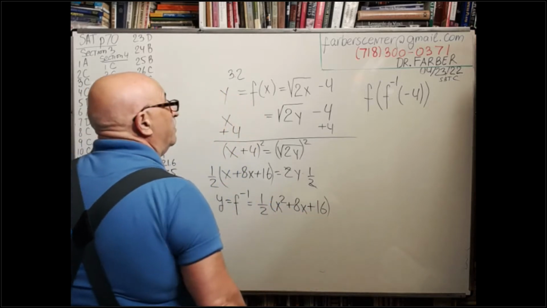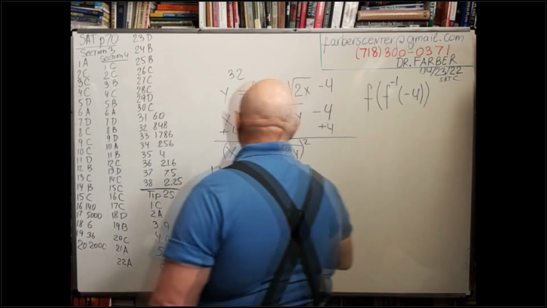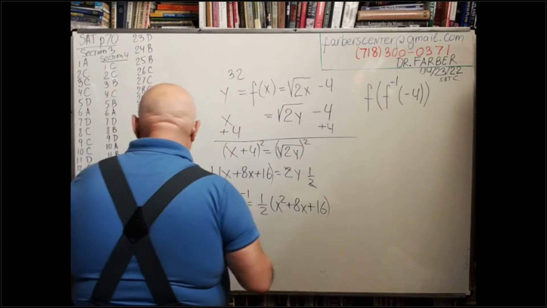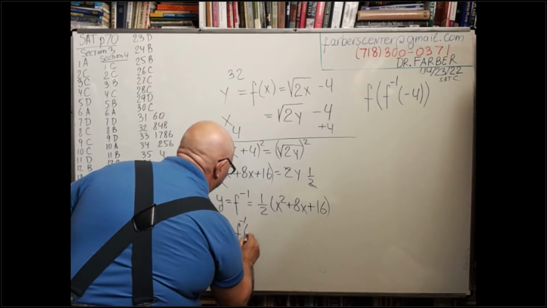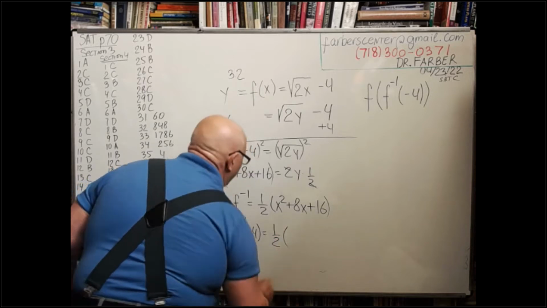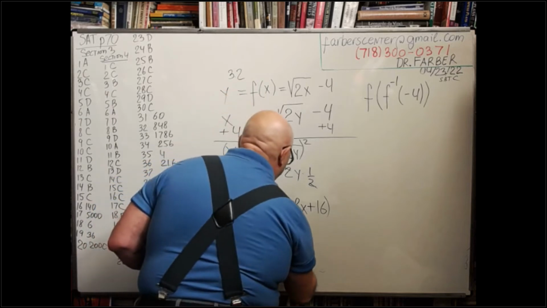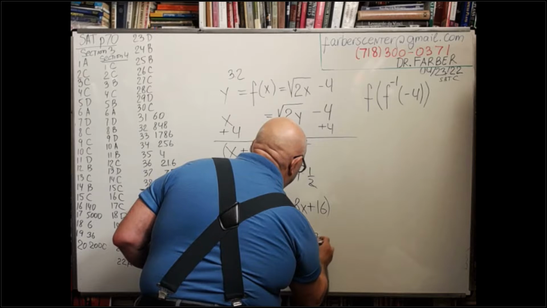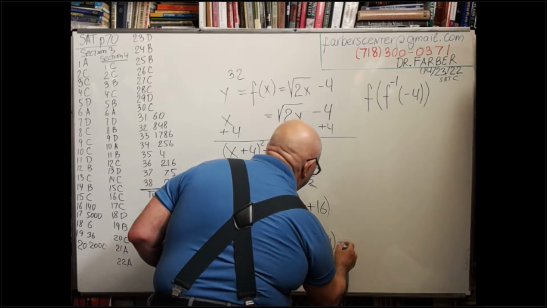Okay. Now they ask you to find the inverse function of negative 4. F negative 1 of negative 4 equals 1 over 2, and you plug in negative 4 instead of x: negative 4 to the second power plus 8 times negative 4 and plus 16.